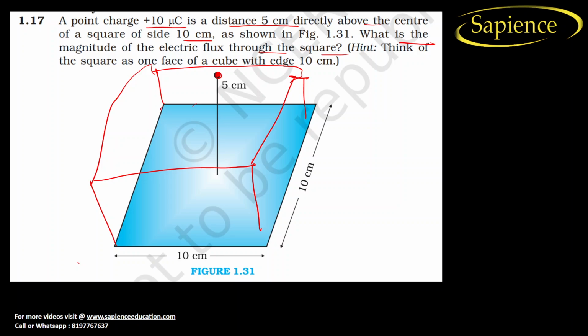Now let us consider this as a cube. So there is a cube, and we use Gauss's concept, and there is a charge q. So flux will be equal to charge enclosed by epsilon naught.